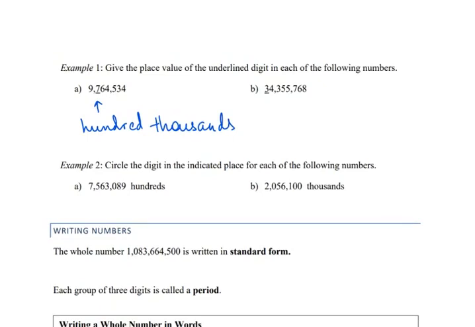So the next number has the 3 underlined, and it is in the third group, which is the millions. And again, you're looking at your group of 3 starting from the right. You have the millions, and then the next is going to be 10 millions. So that is your answer.